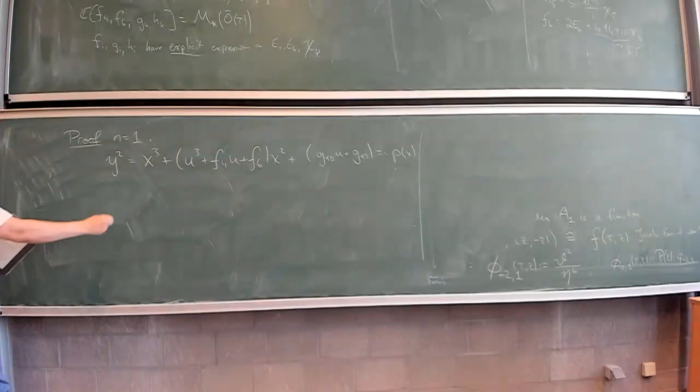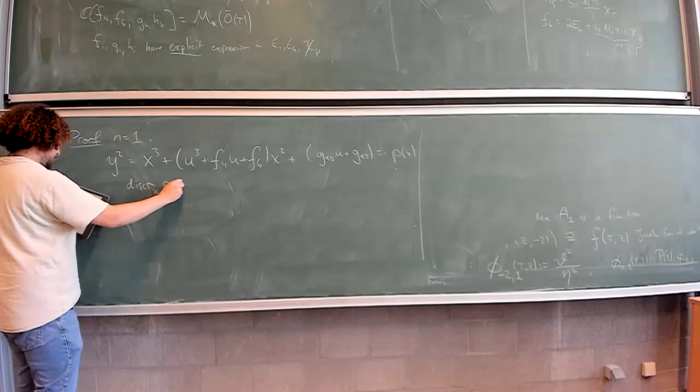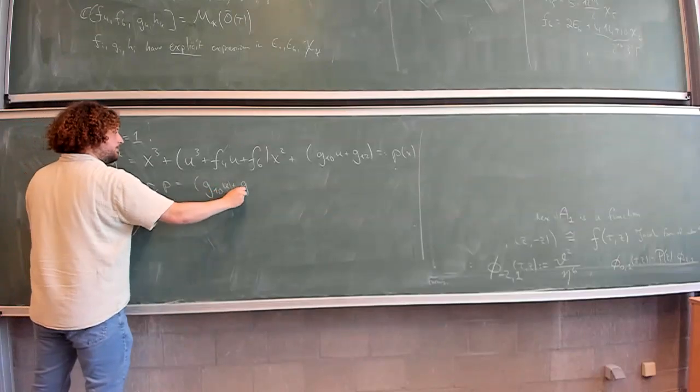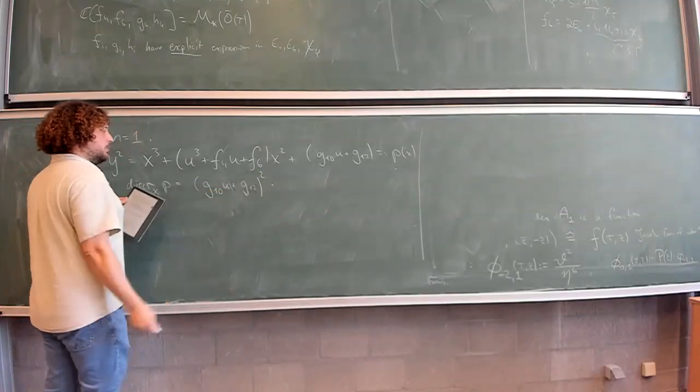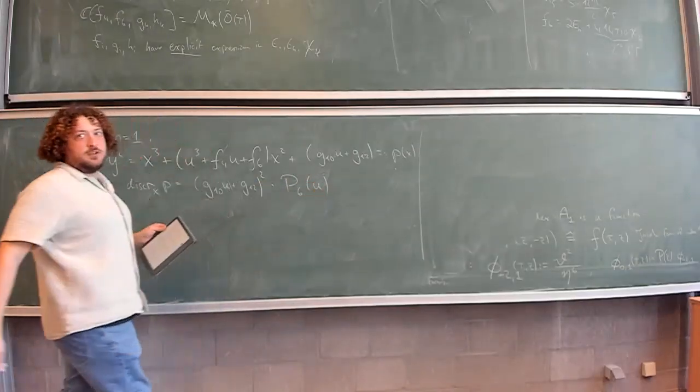When I look at the discriminant with respect to x of p, that turns out to factor in the following form. We have this quadratic factor splitting off times some polynomial of degree 6.